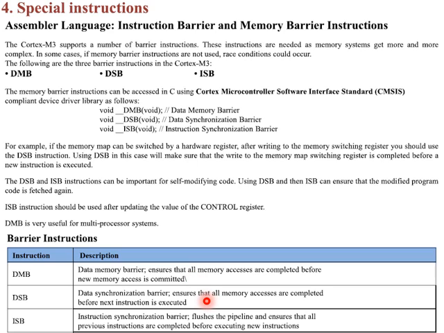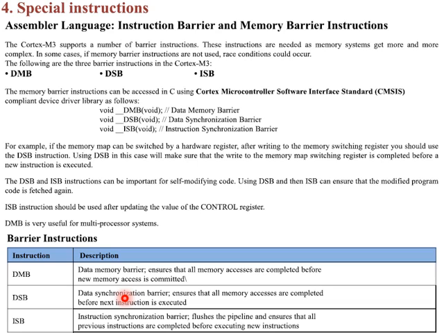DSB, in the same way, is the data synchronization barrier. Synchronization means there should be an equal amount of discussion, or equal amount of transmission and reception.